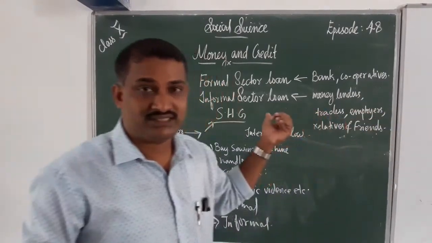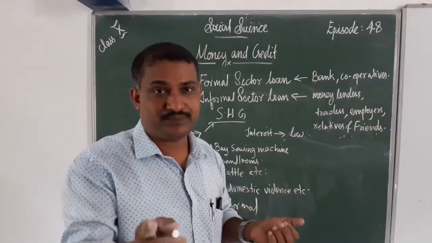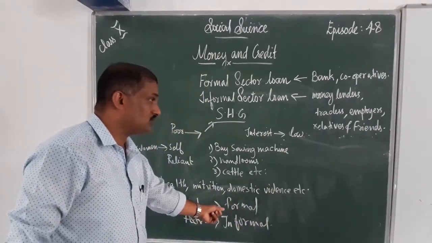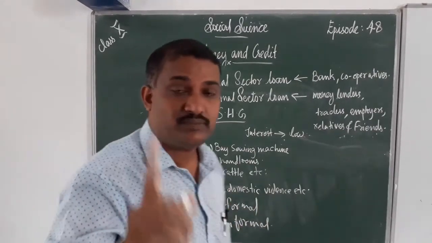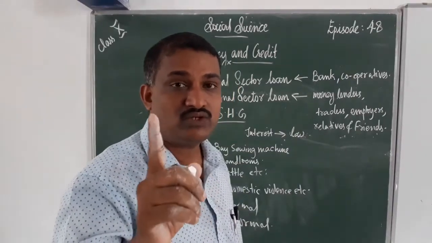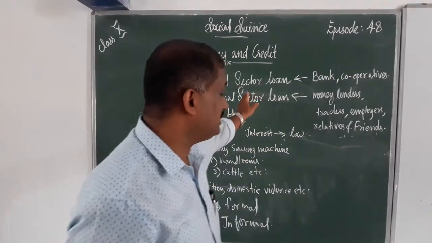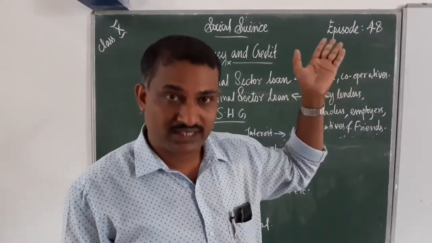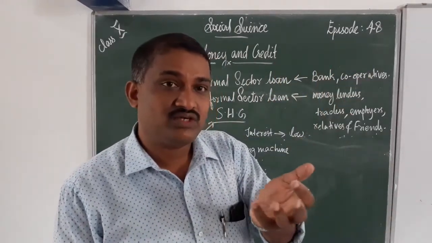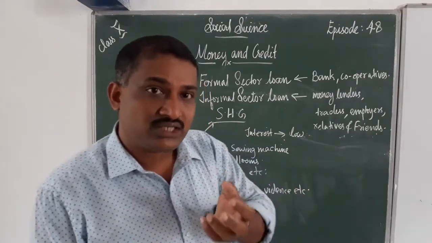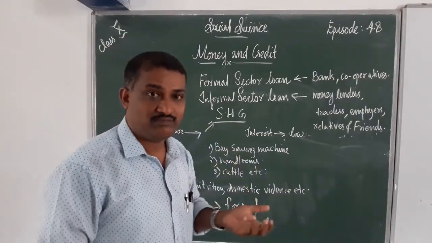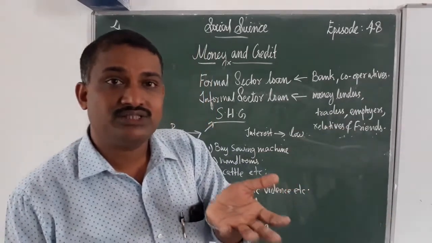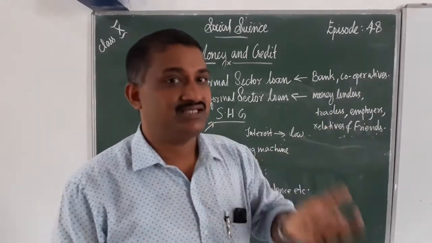But informal sector, suppose you are a rich person, you will always depend on the formal sector, because you know that you can repay the amount. You have the capacity. Whenever you are in need of money, you understand that you can repay it in time, because you have the income.